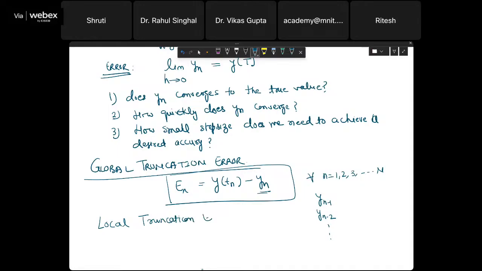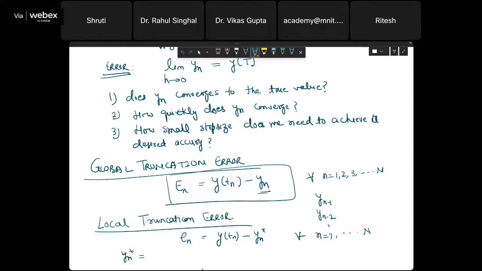So that local truncation error, we write as y at Tn, the actual solution, minus yn star. And we denote it by En. And as I said, this yn star will be obtained using the actual value of the solution in the previous step.